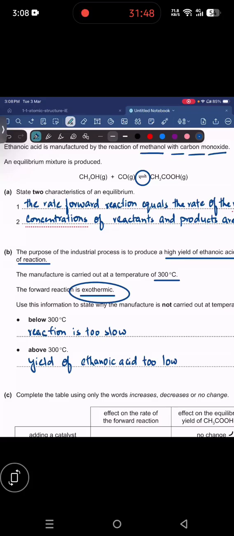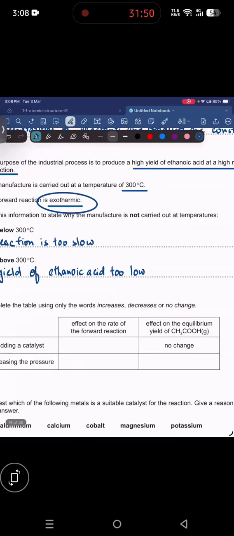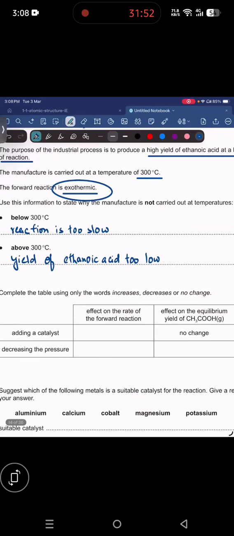Now the next one, adding a catalyst. The effect on the rate of the forward reaction: if we add a catalyst here, the rate will increase. Okay, the pressure, decreasing the pressure.